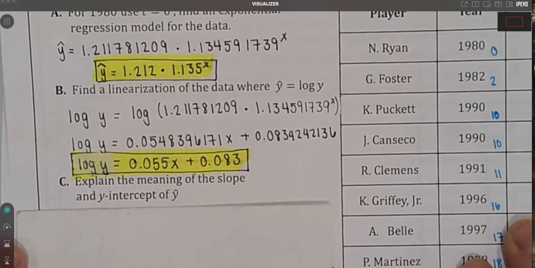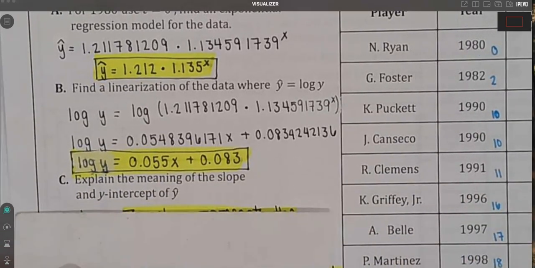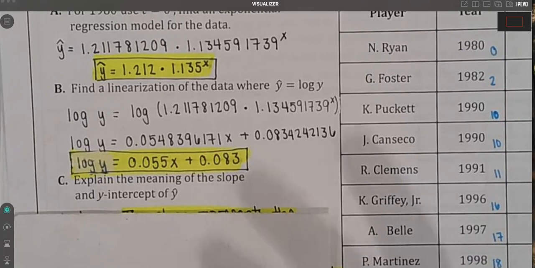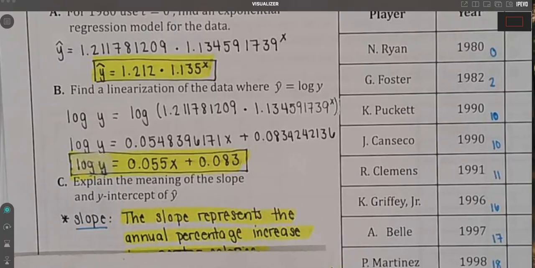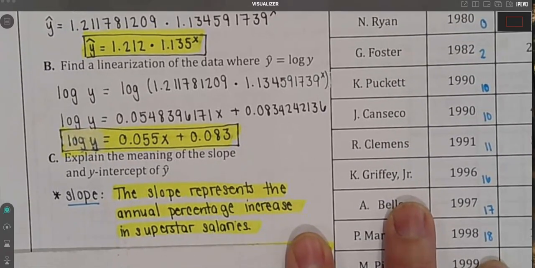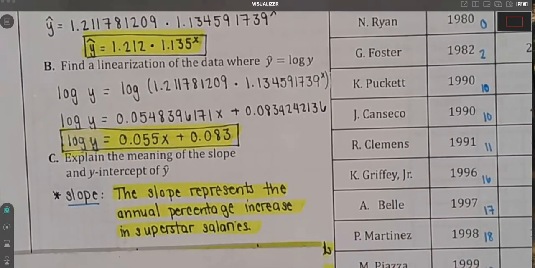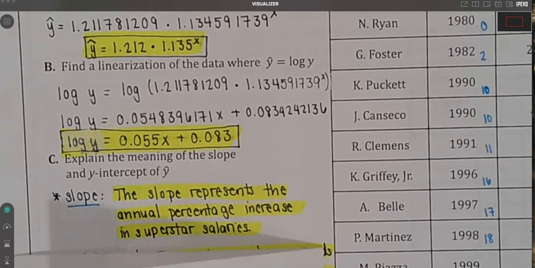Explain the meaning of the slope and the y-intercept. Now, I actually didn't like this question because it's difficult to explain the slope and the y-intercept of a linear representation of an exponential function. I think this is what they were looking for here. I wrote the slope represents the annual percentage increase in superstar salaries. So it's not the increase, it's like the percentage.